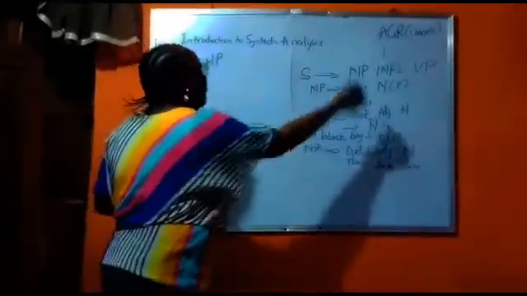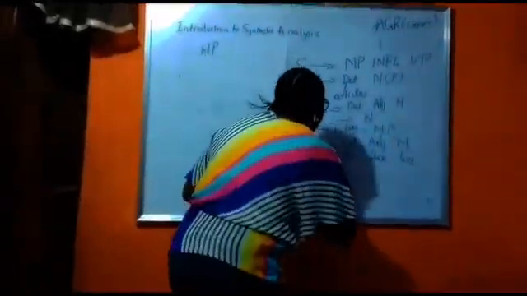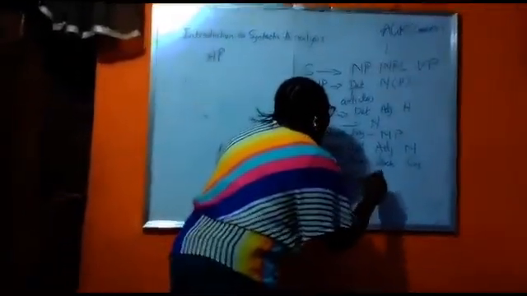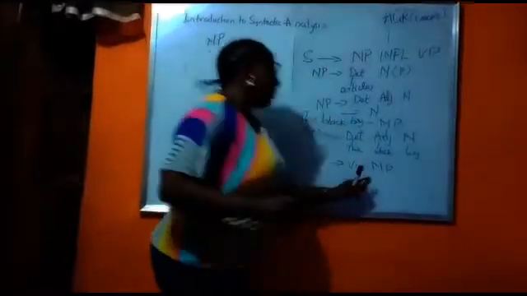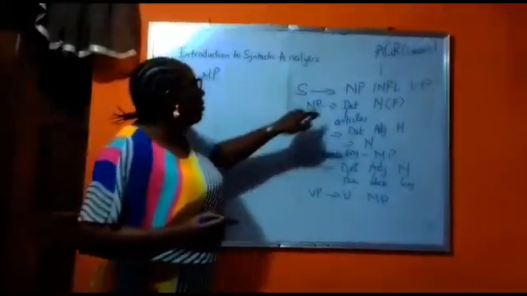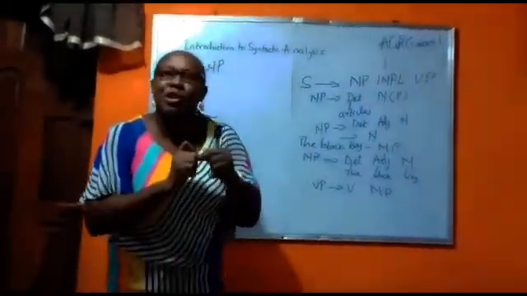Now, the VP can break into V, the VP breaks into V, and then NP. Alright? V and NP. Now, like we have the noun phrase, the noun phrase is a group of related words. Let me not just jump in.